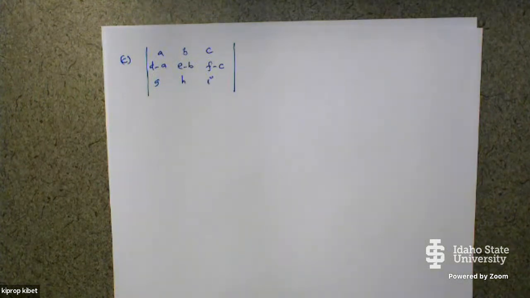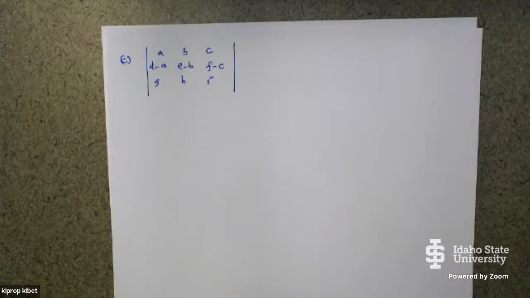So what have we done here? We have taken the new R2 to be R2 minus 1 R1, right?